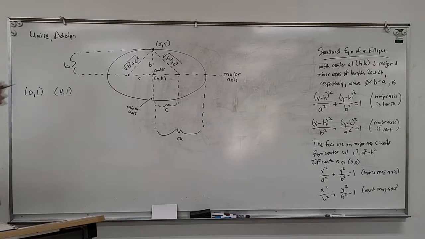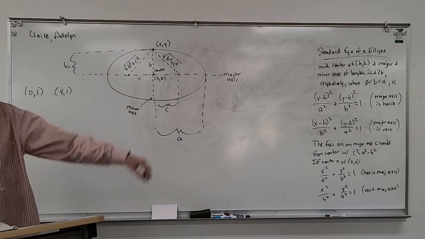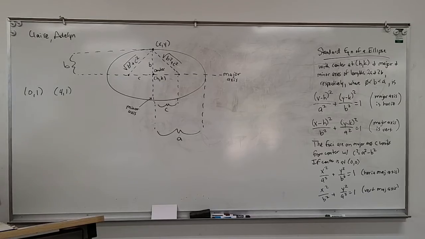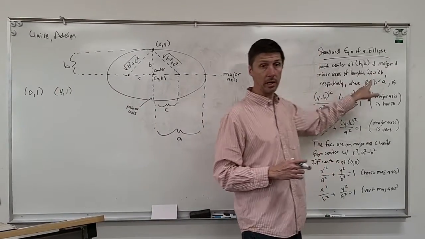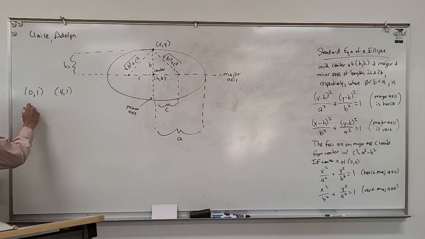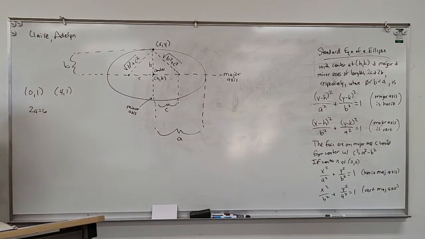Which variables have to do with the length of the major axis in our definition here? A does, right? Because we said the length of the major axis is 2a. So we can say then that 2a equals 6.